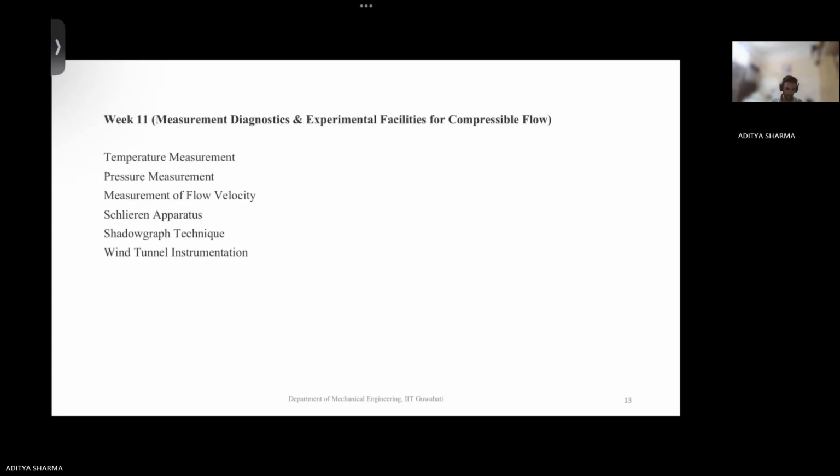So number 10. Then experimental facilities for compressible flow measurement diagnostics.